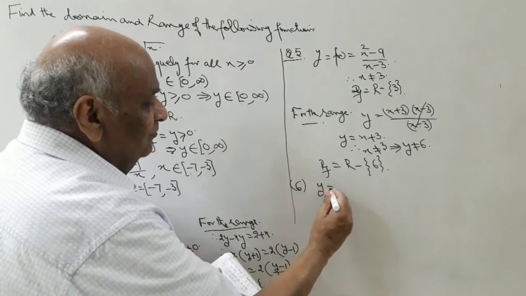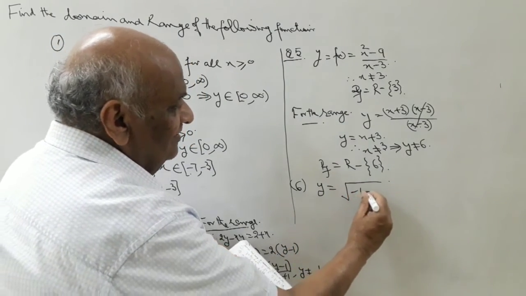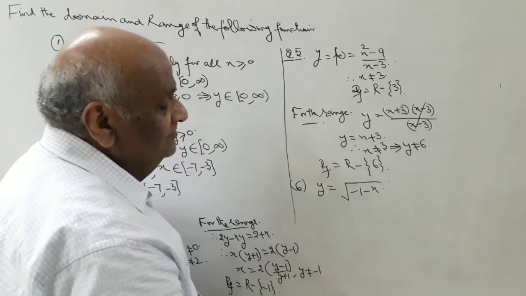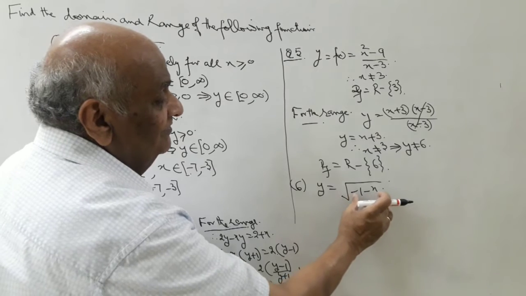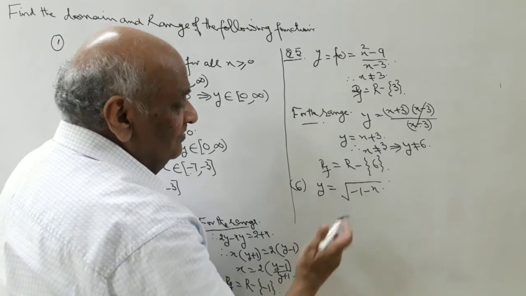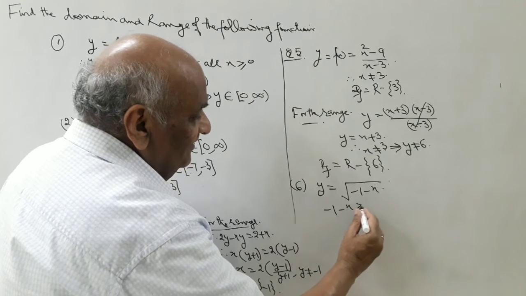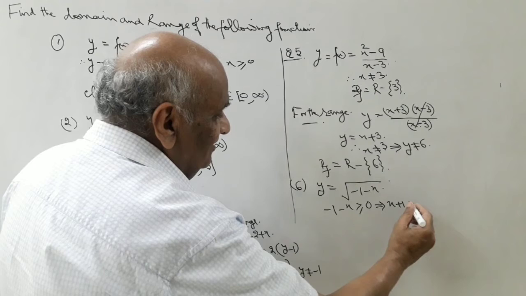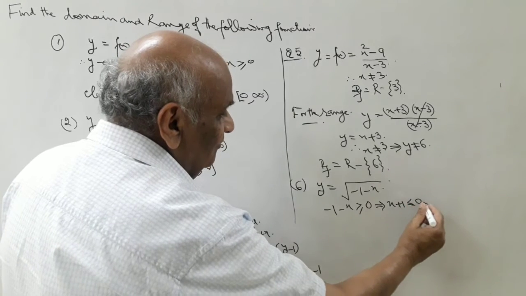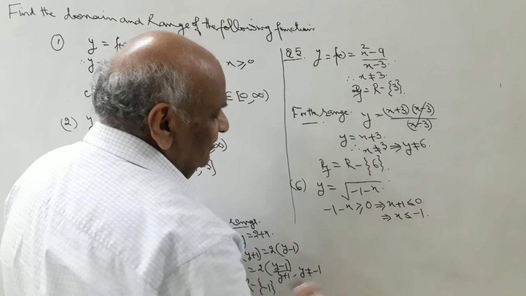y is equal to under root of minus 1 minus x. As you know, I told you that within the radicals, the expression is always positive or at minimum 0. So we say minus 1 minus x is greater than or equal to 0, which implies x plus 1 is less than or equal to 0, which implies x is less than or equal to minus 1.